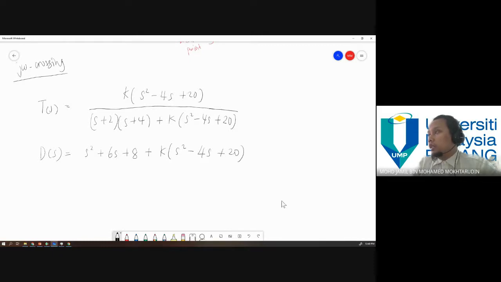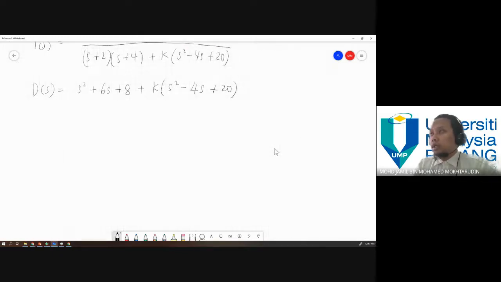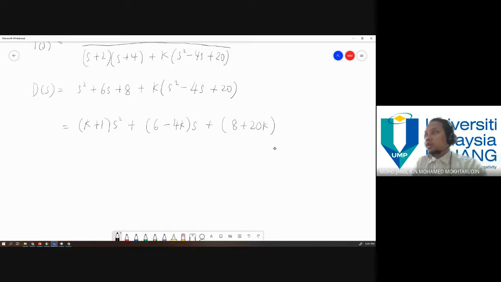Okay, rearrange according to the S squared, the S terms. So we get (K plus 1) S squared plus (6 minus 4K) times S plus (8 plus 20K). Okay, so this is our denominator arranged in S terms.